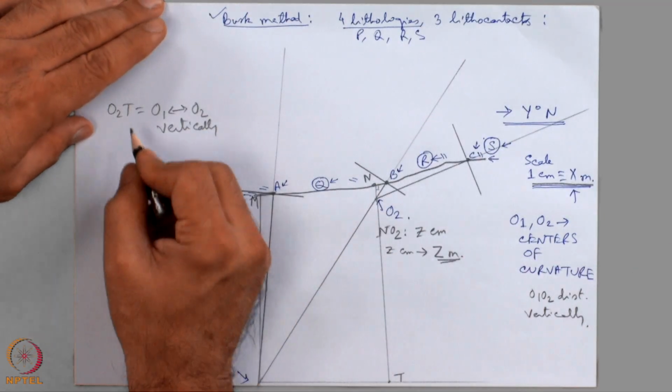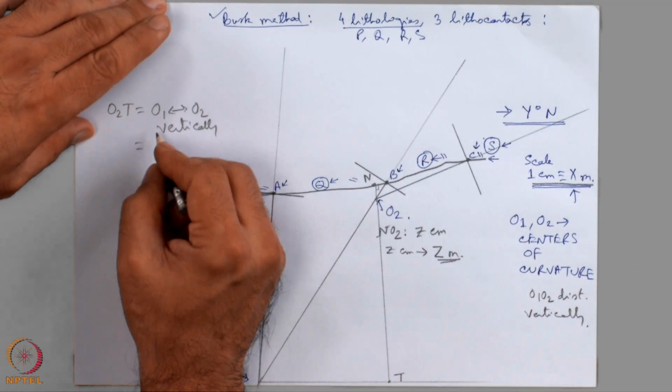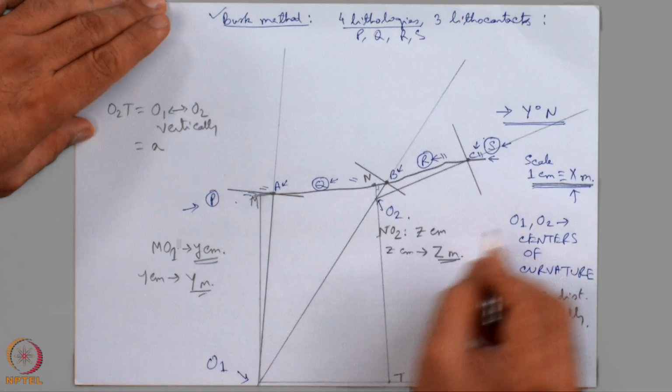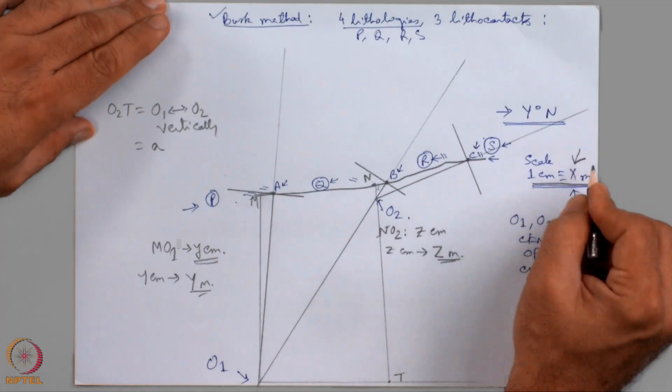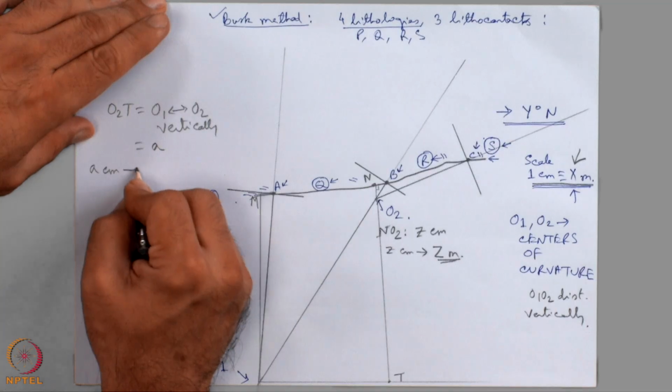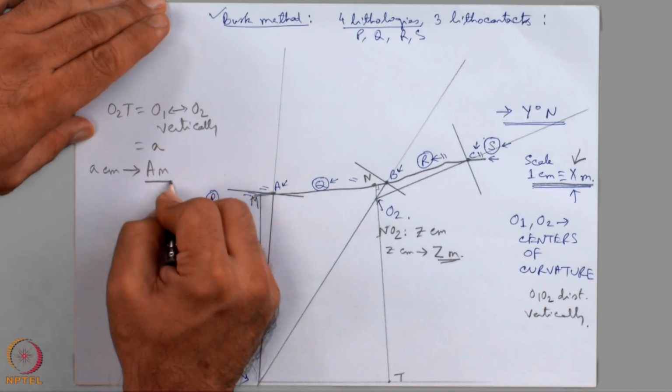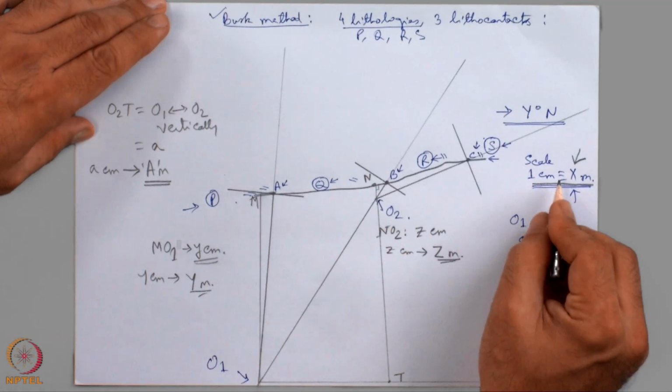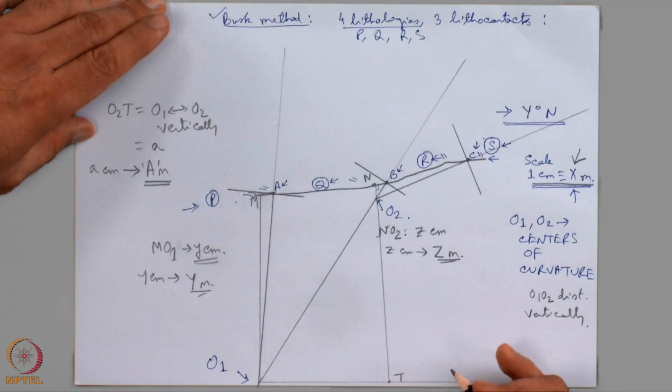Suppose O2T distance is equal to small a, then using the scale 1 centimeter is equivalent to x meter, I can find out this a centimeter is equivalent to capital A meter. In this way we can obtain the distance. If required, we can also do.